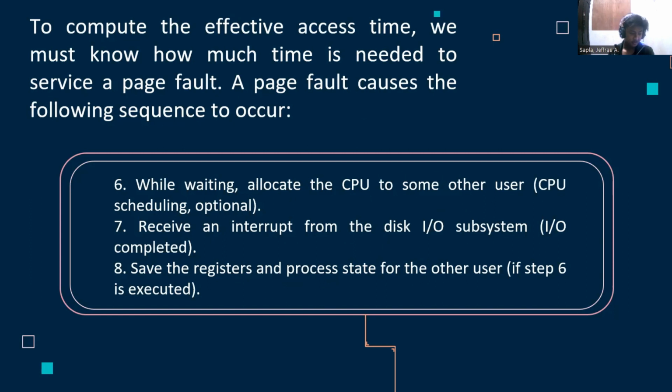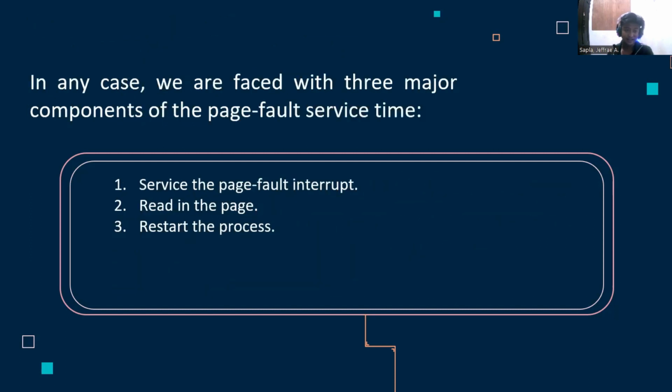This arrangement allows multiprogramming to maintain CPU utilization, but requires additional time to resume the page fault service routine when the input-output transfer is complete. In any case, we are faced with three major components of page fault service time. Number one is the page fault interrupt, read in the page, and restart the process.